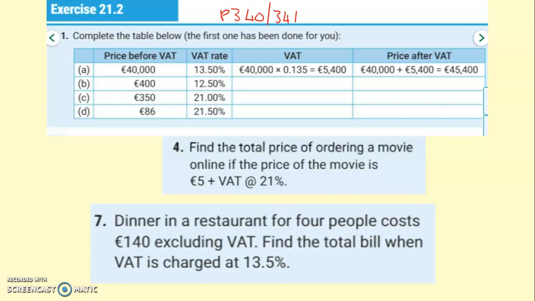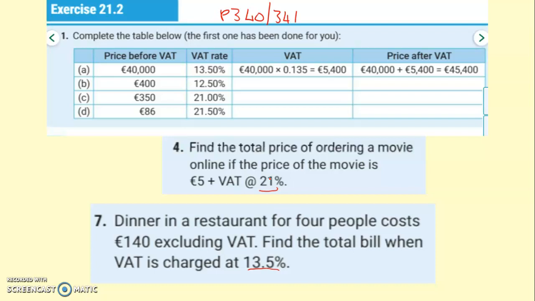Find the total bill when VAT is charged at 13.5%. So again, you work out the VAT amount, find 13.5% of 140, and then add that on to 140 to give you your total price. You can see here how there are different VAT amounts depending on the item.